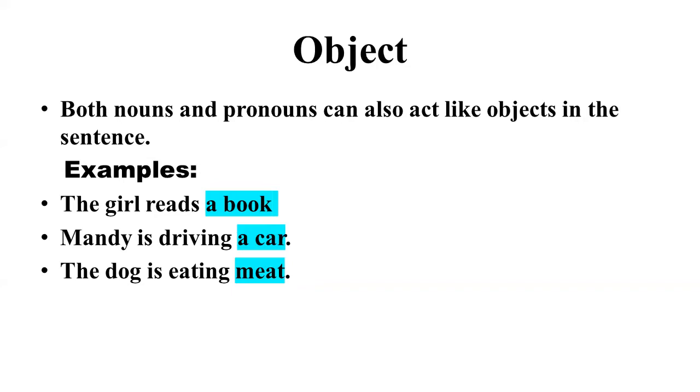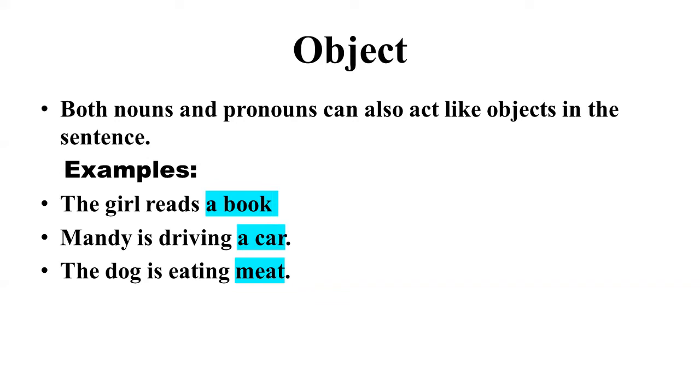In this sentence, the girl is doing something. What is she doing? She is reading. Who is reading? The girl. So the answer to who is the subject, but she is reading what? The answer to this word would be our object. So what is she reading? A book. Definitely a book. So this is an object.